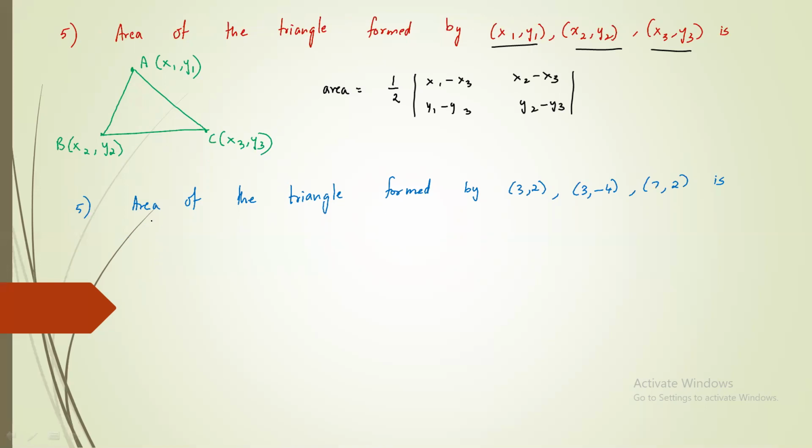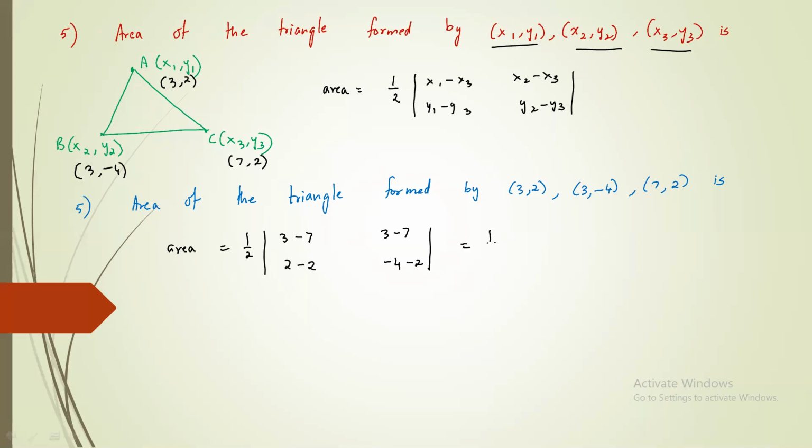So in a problem, if I give you area of the triangle formed by A is 3 comma 2, B is 3 comma minus 4, and C is 7 comma 2, and you have to find the area of the triangle, you will write half into determinant of x1 minus x3, that is 3 minus 7, x2 minus x3, that is 3 minus 7 again, y1 minus y3, that is 2 minus 2, y2 minus y3, minus 4 minus 2.